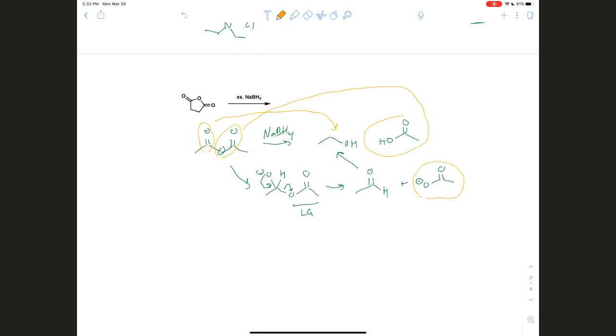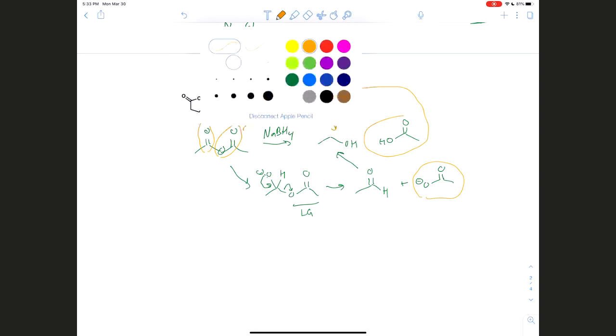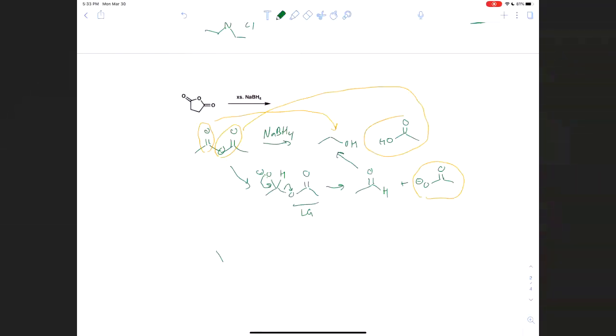So in this case, we have the same scenario, only now we have our leaving group once again attached to the side that gets reduced. So either of them could react initially to make the leaving group on the other side.